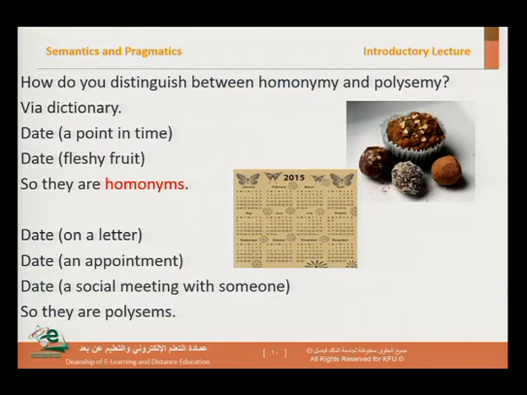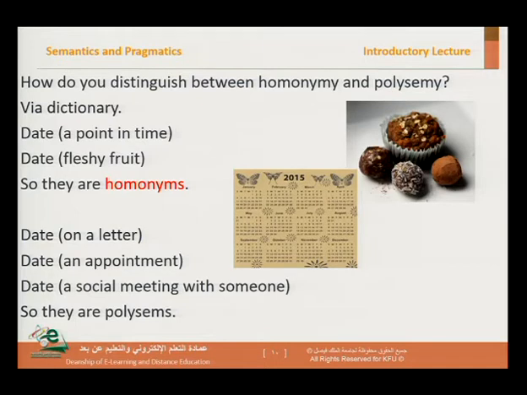Now the confusing thing comes when we deal with date as a date. We can say a date on a letter. So I wrote this letter on that specific date. Again, it's still a number with a month and a day. A date as an appointment: I have an appointment at the hospital on that day.